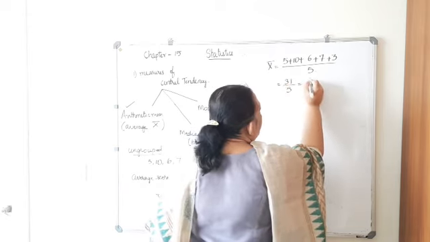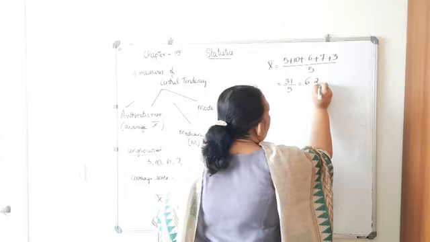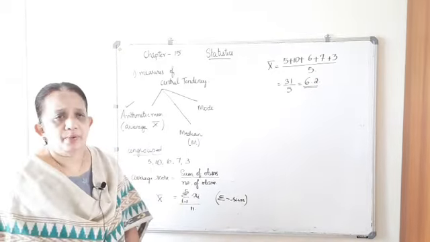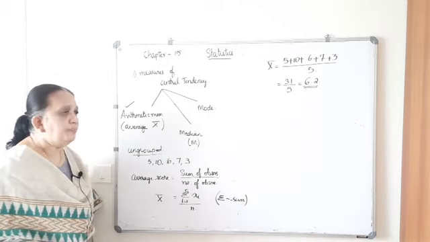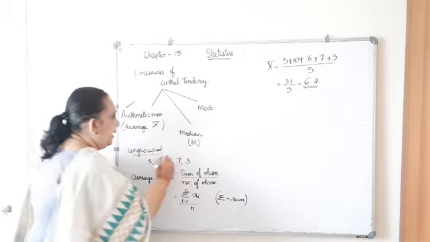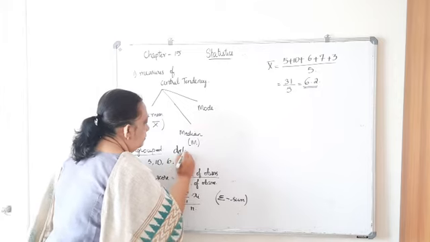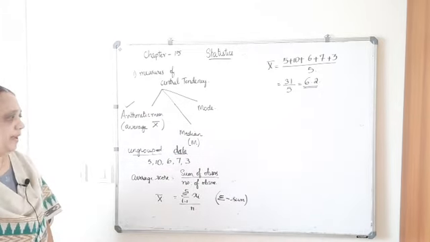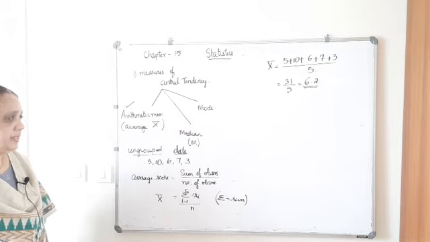That is 6.2 since 5 sixes are 30, and 2 is 10. The average score is 6.2. This is ungrouped data: sum of the observations divided by number of observations.